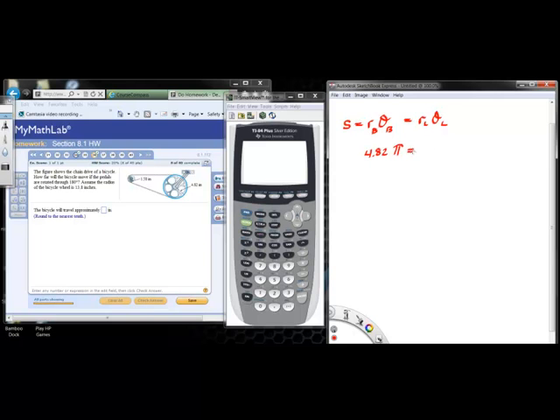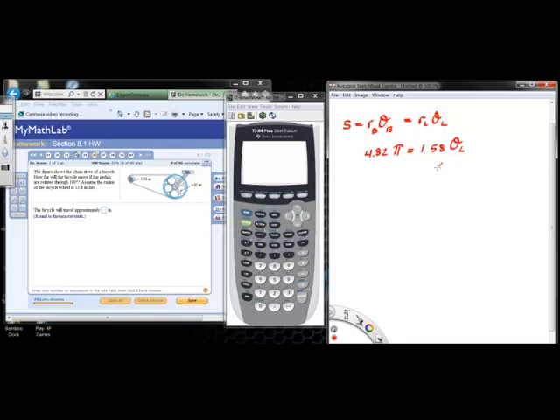And this is equal to the little radius, which is 1.58 inches, times, well, we don't know what the angle is for the little one, but we have one variable here, which is theta little.